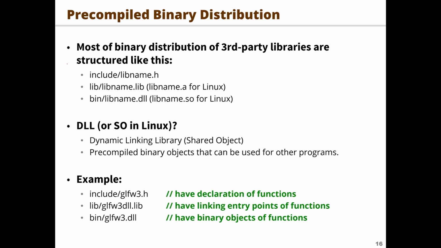There is a standardized format for such distributions. Most binary distributions of third-party libraries are structured like this: header file, library file, DLL file. The header file is simply a header file, and the library file, in Linux its extension is .a.